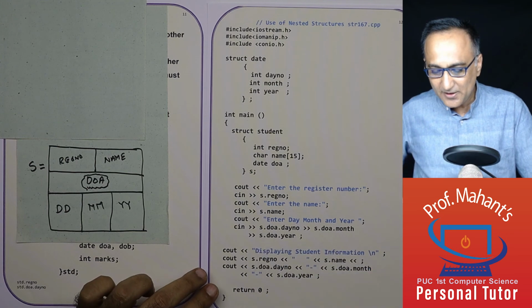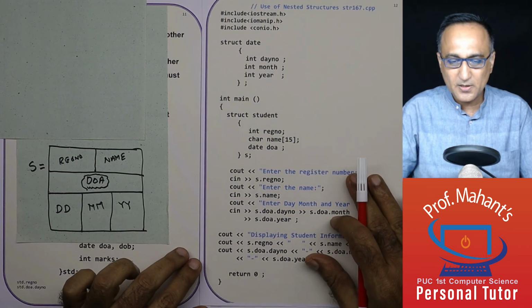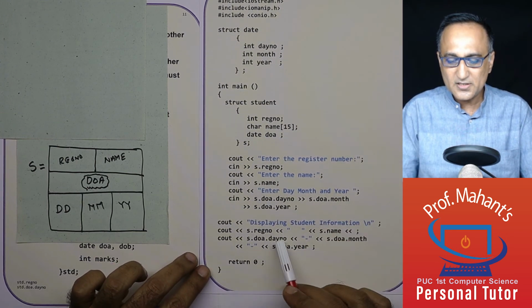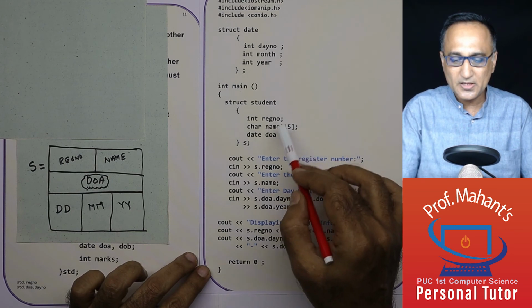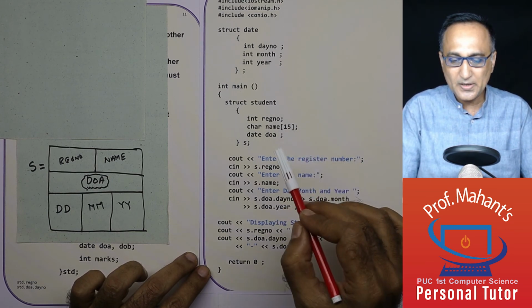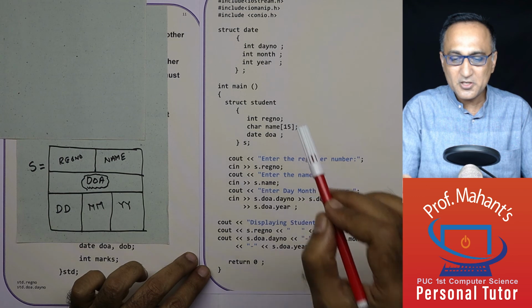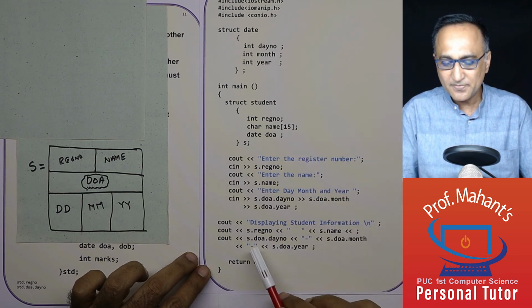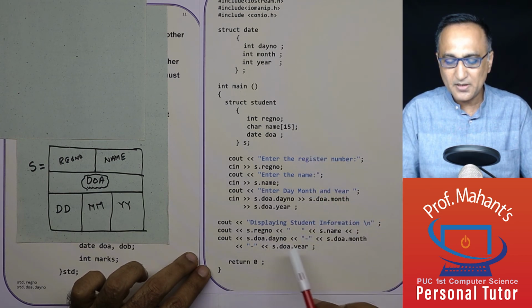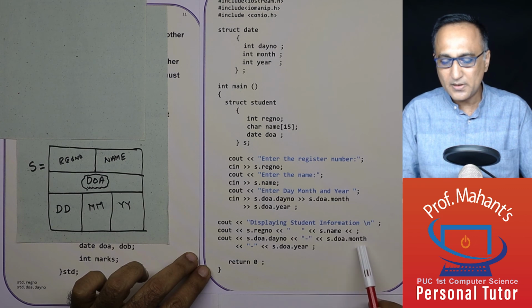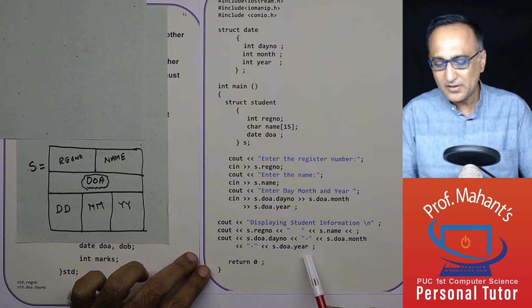And then finally, while displaying, quite easy, a similar process: yes.register number and yes.name will display the register number and name. To display the day, month and year of admission, yes.doa.day number, yes.doa.month and yes.doa.year.